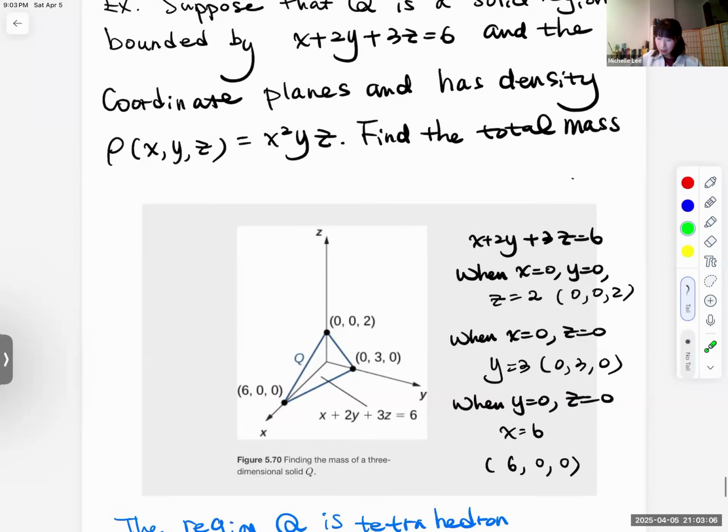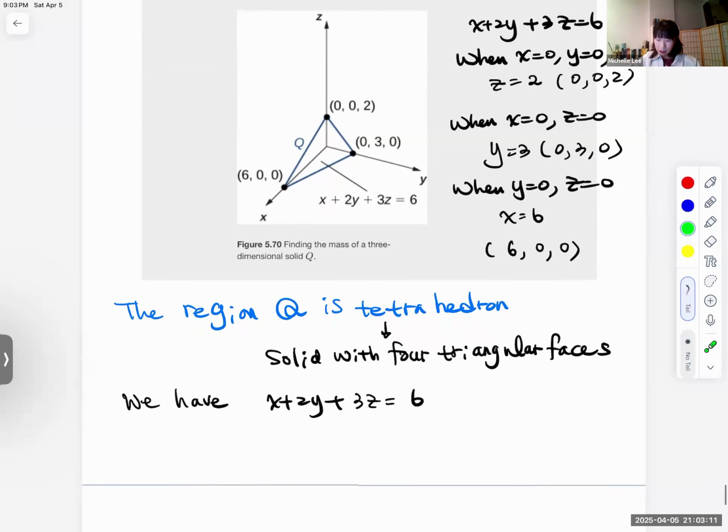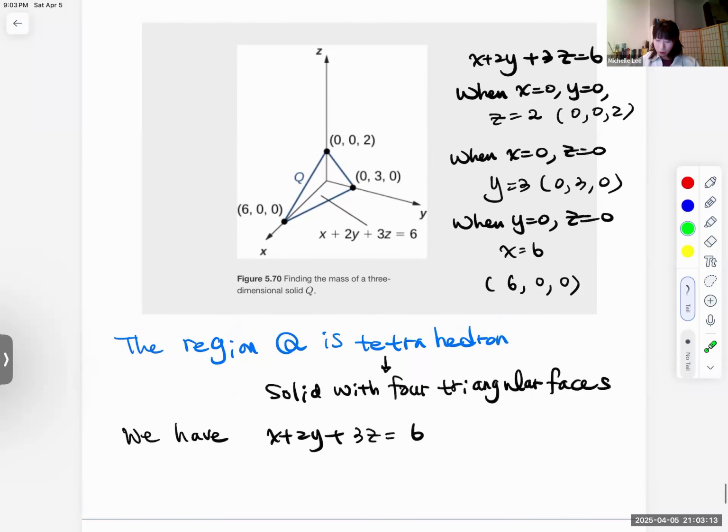All right, now let's find the limits. We have the equation, so solve for z.